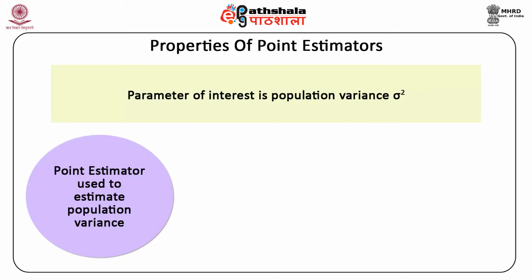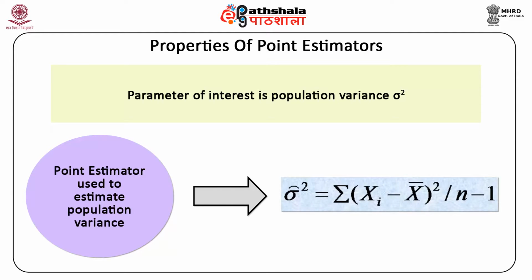The point estimator that can be used to estimate the population variance is the sample variance. The sample variance is sigma hat squared, which is equal to the sum of (xi minus x bar) whole squared, divided by n minus 1.